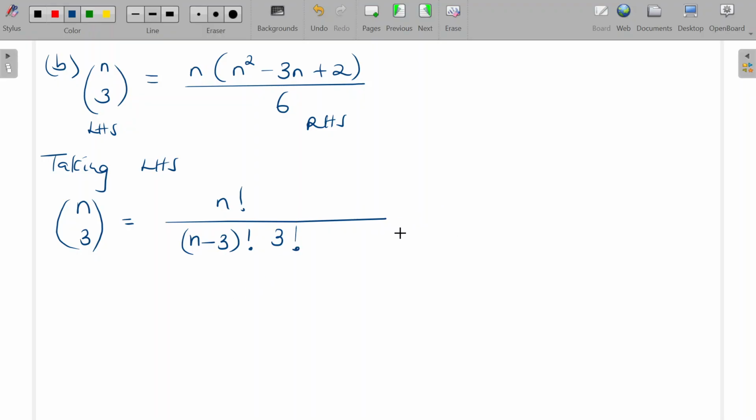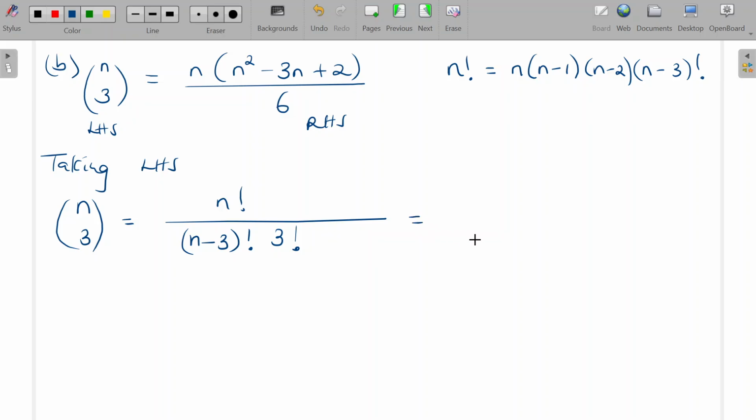Then the same thing that we did: since here I have an n minus 3 factorial, and I know that this one is bigger than this one, I can expand this because it is going to contain a component that includes this. So I'll say that n factorial is the same as having n minus 1, n minus 2, n minus 3 factorial. I'll end on n minus 3 factorial because that is what I have also at the bottom.